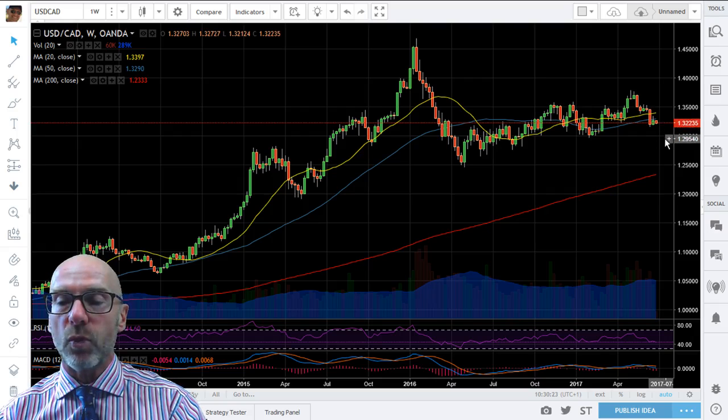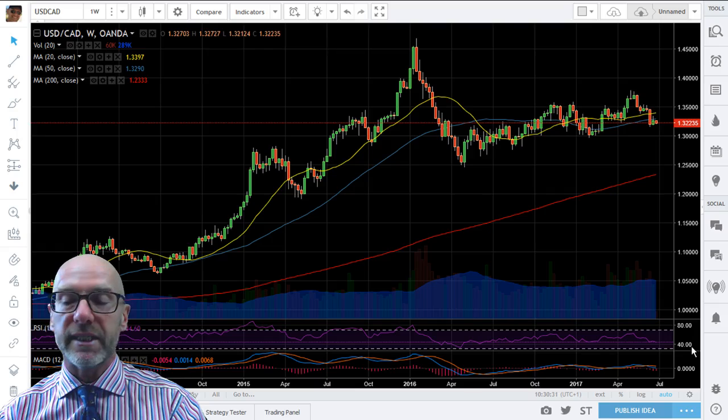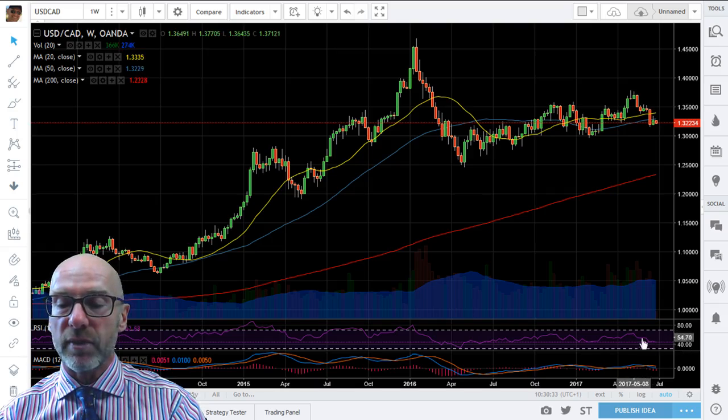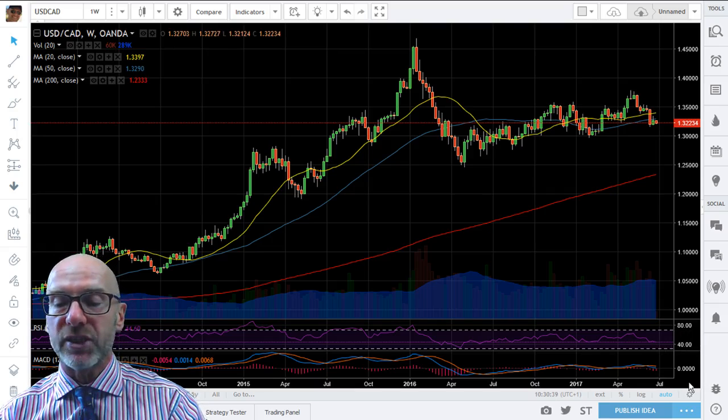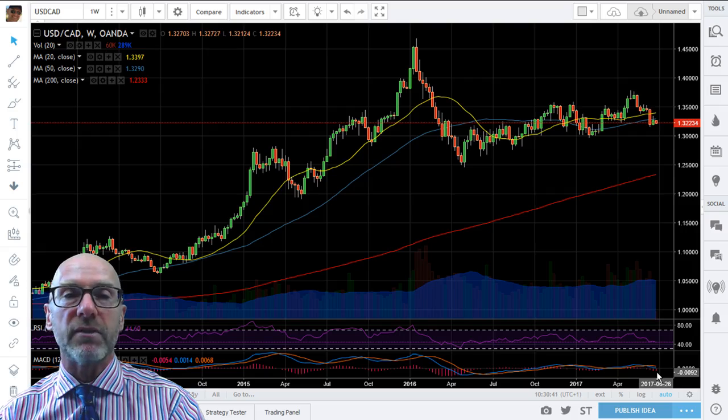First support on the weekly is at 130, and then we're down to 127.75. The RSI here is indicative of negative momentum as it's in a downtrend and below 50, presently 44.6, and the MACD have just tracked down and are just signaling a sell.